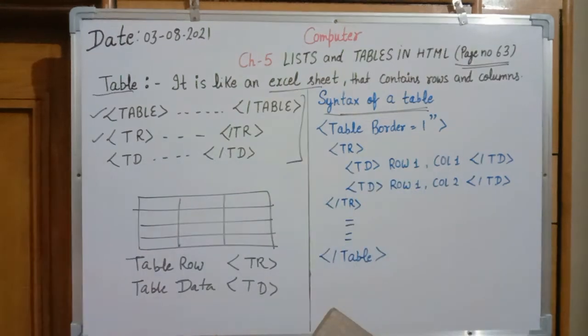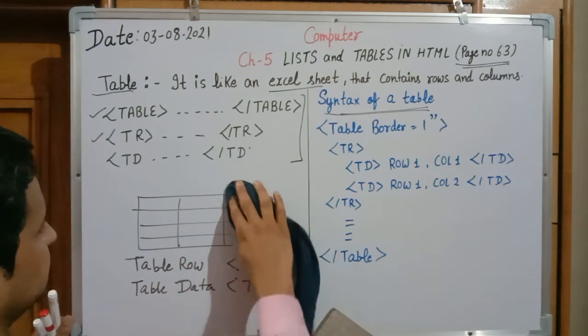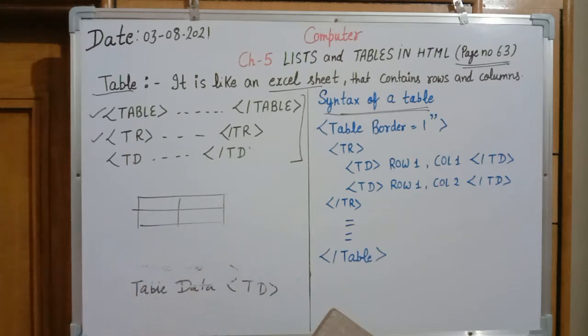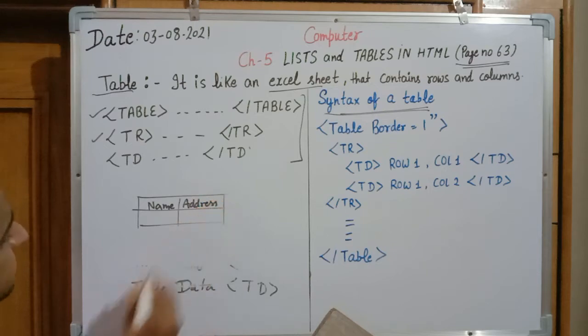Suppose I want to create a table using this example of this size. Here I want to write name, and here I want to write address.